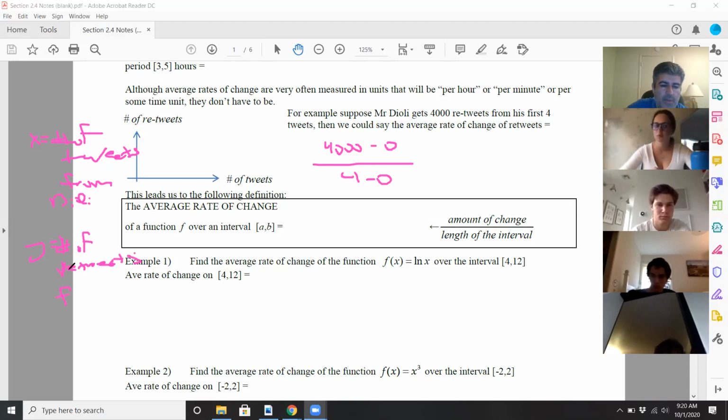Sorry, bad handwriting. Number of retweets. So you could kind of measure and say, well, every time Mr. Dioli sends one tweet, on average, he gets 1,000 retweets, because that's what works out over here. 4,000 over 4.